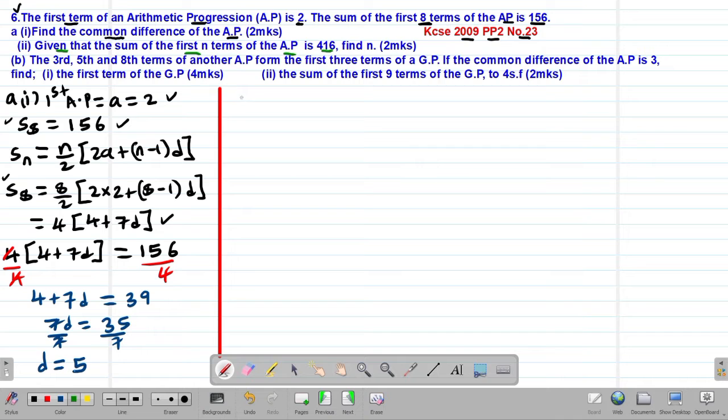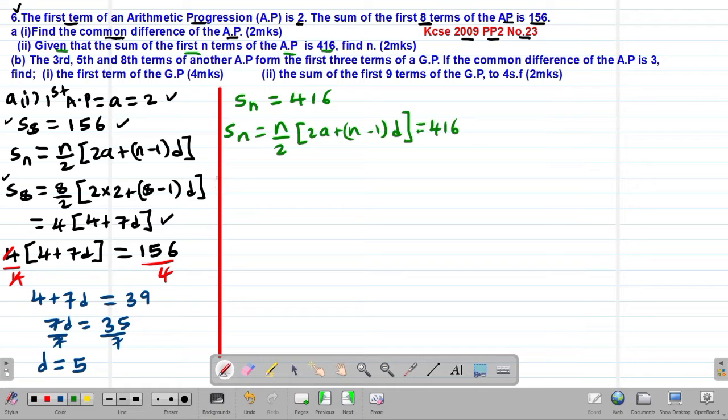We are being told that Sn is equal to 416. Then we know that Sn is given by the formula n over 2, into bracket 2a plus n minus 1 multiplied by d, so that this is equivalent to 416.